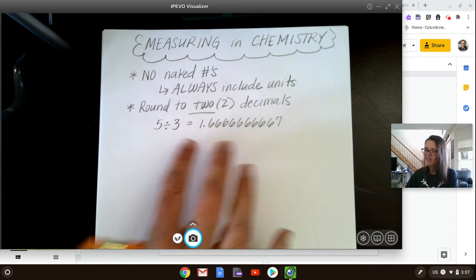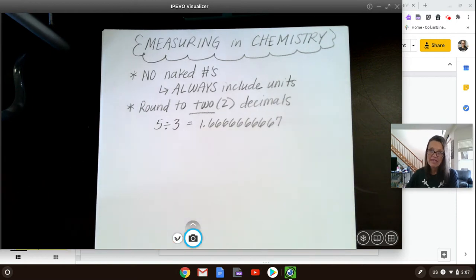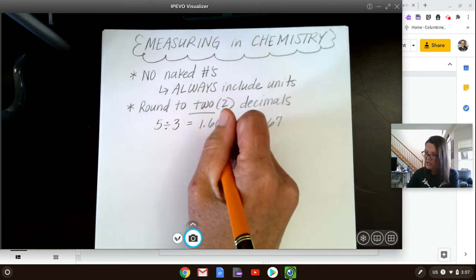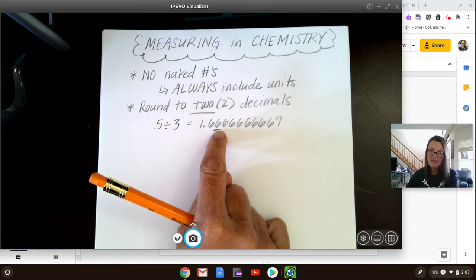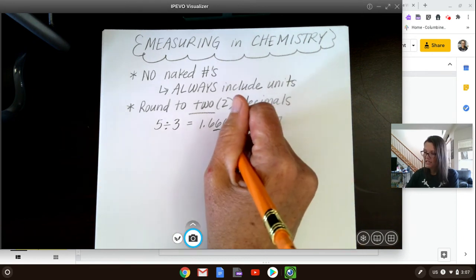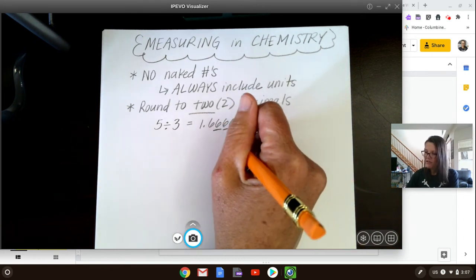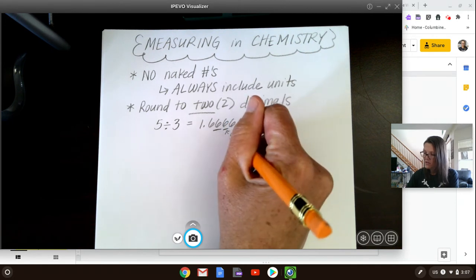So when you take 5 divided by 3 in your calculator and go to write down an answer on your paper, you're going to round to 2 decimals, right? So you look at the second decimal place. Oh, I'm sorry. You look at this decimal place. This number is greater than 5. So we round up.